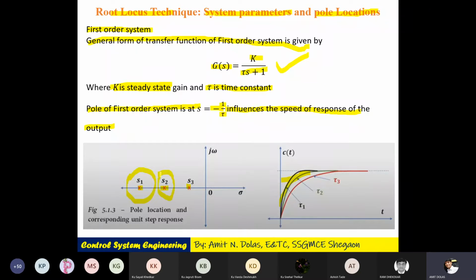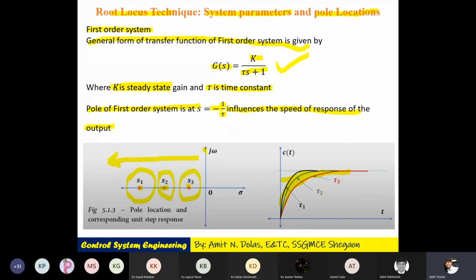Then tau2 for pole S2, the system response is somewhat slow, and the slowest response in this graph is tau3, for S3. So if your pole is located far away from the imaginary axis, then the system will be faster.